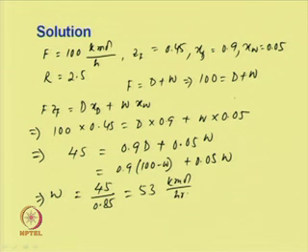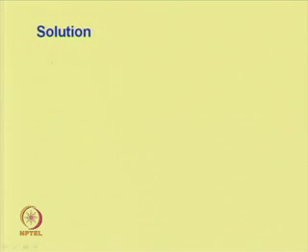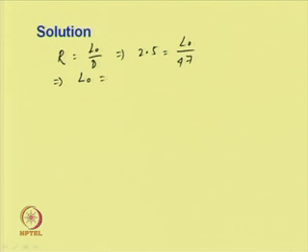So, we can get D is equal to 47 kmol per hour. Now, we know reflux ratio R is L 0 by D. So, 2.5 reflux ratio is given and D is 47, so from this we obtain L 0 is equal to 117.5.